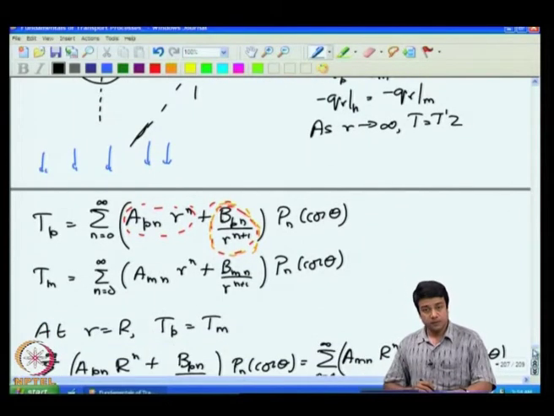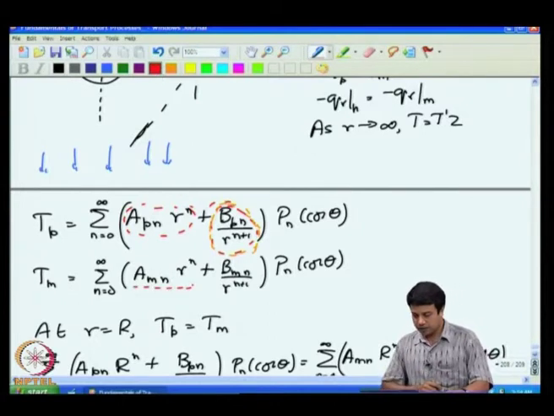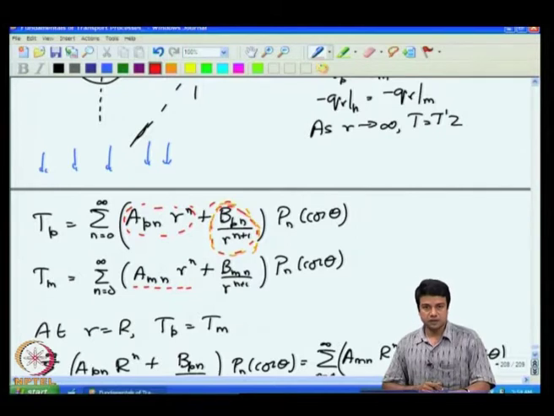What that means in the equation for the matrix is that you can see this term here, A_mn r^n P_n of cos theta. This has to be equal to T' r cos theta in the limit as r goes to infinity.